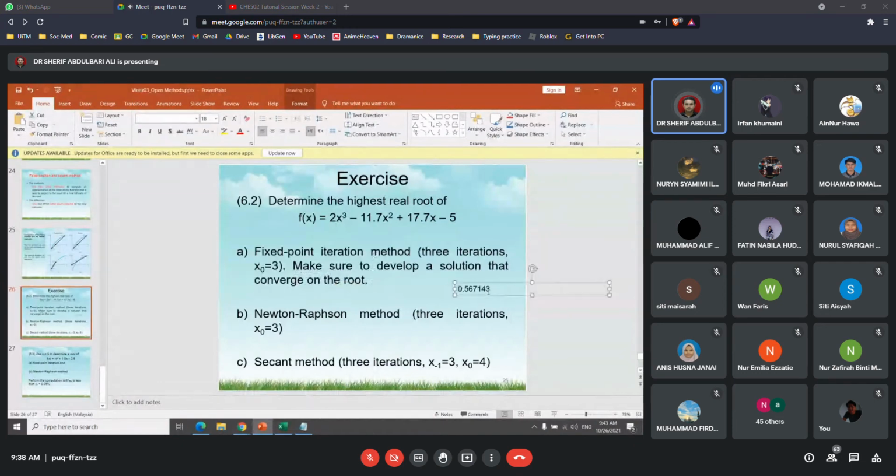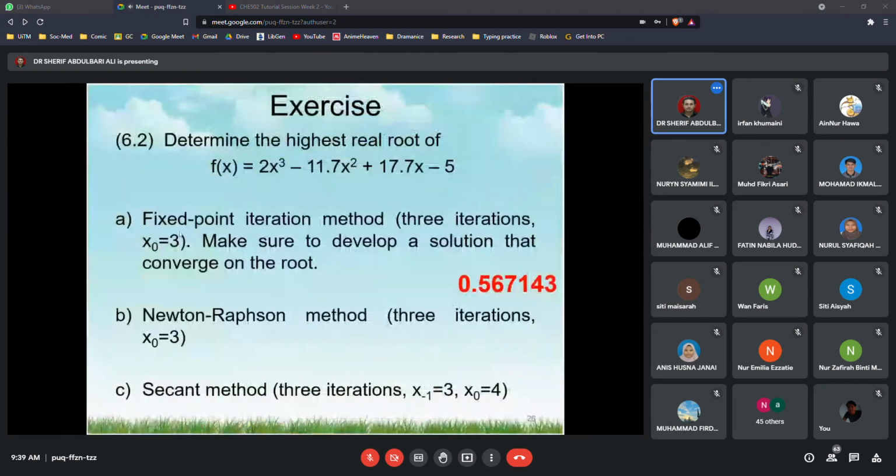So you can calculate the error. Remember, just 3 iterations for every method here: 3 iterations using fixed point, 3 iterations using Newton-Raphson, and 3 iterations using the secant method. And this is your true value to calculate the error. I will give you until the end of our class today.